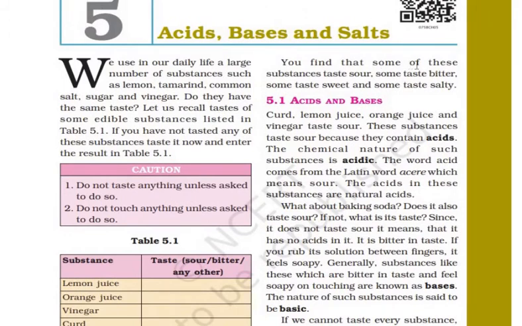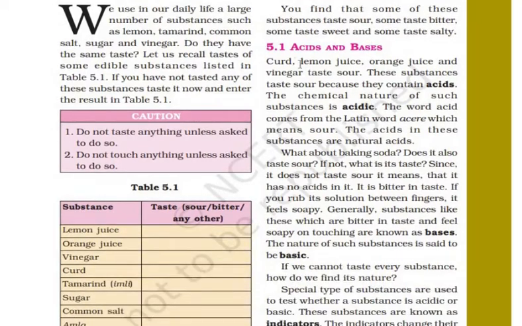You will find that some of these substances taste sour, some taste bitter, some taste sweet, and some taste salty. Right, different substances have different tastes, and these are the four common or major tastes that we come across in day-to-day life: sour, bitter, sweet, and salty.